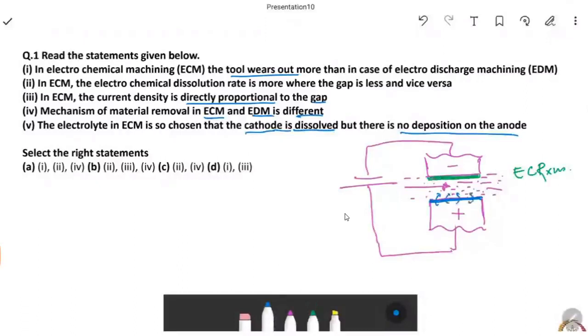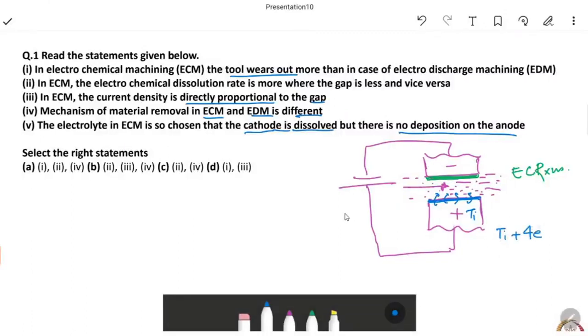So suppose we have titanium here. At the interface between the electrolyte and the titanium, titanium is getting oxidized into titanium ions and electrons.